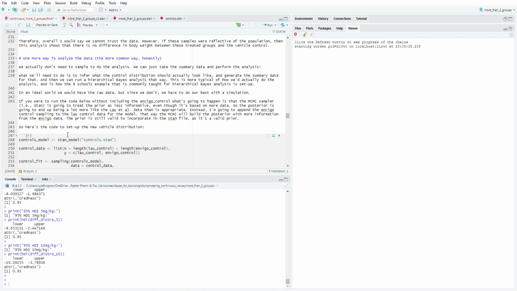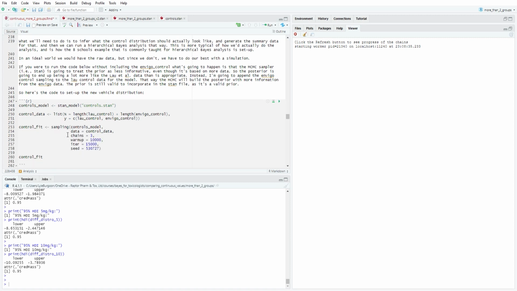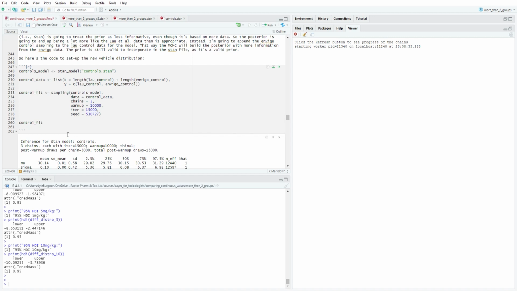So we are going to actually not sample to get our data. Believe it or not, we are not going to sample to get our data, except for in the control situation. So what I'm trying to do is I'm trying to get summary information for these controls, but I need a way of combining together the information that we're getting from the Lao study with the historical information that we're getting from the vendor.